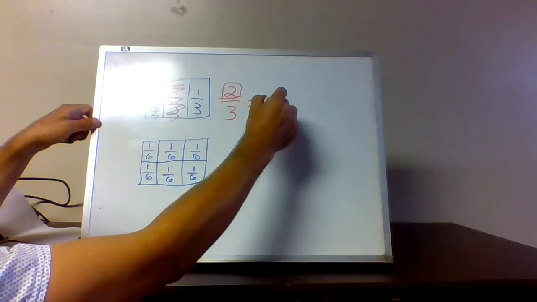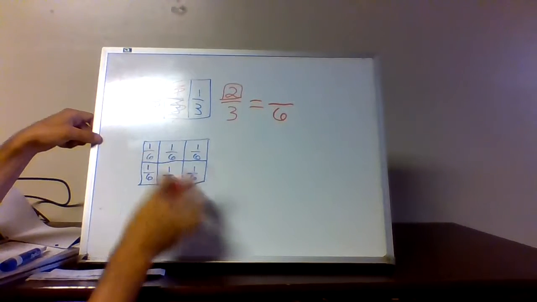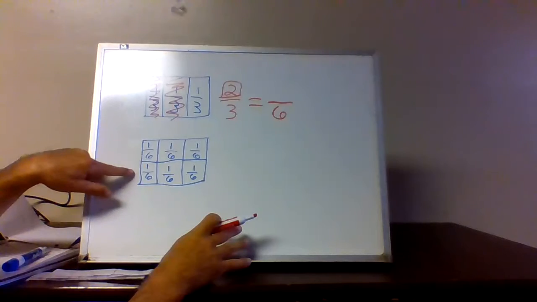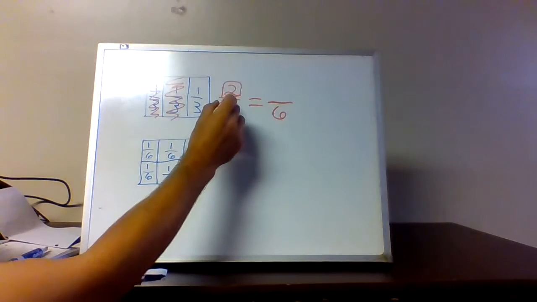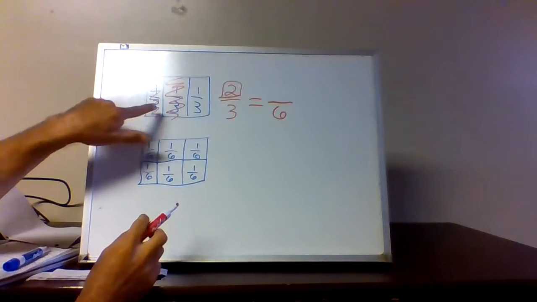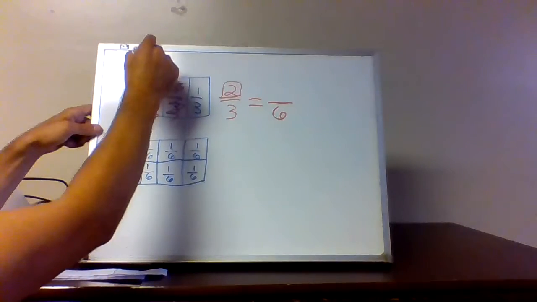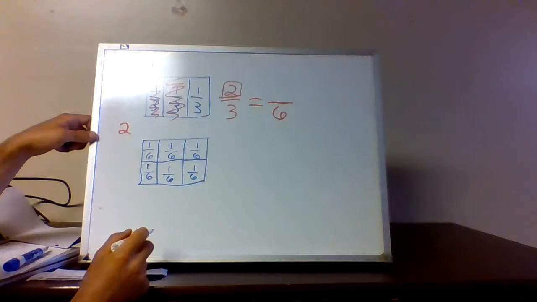So we know the bottom's going to be 6 because we have 6 units. But how many sixths do I need to make an equivalent fraction, or the same amount shaded in as our top, as our number 1 and number 2?